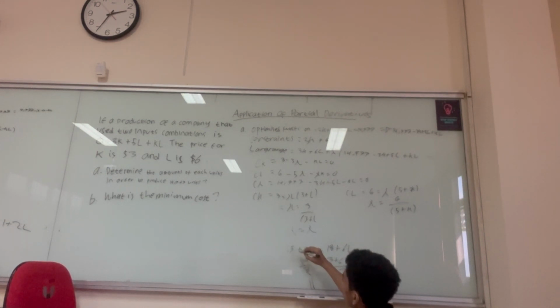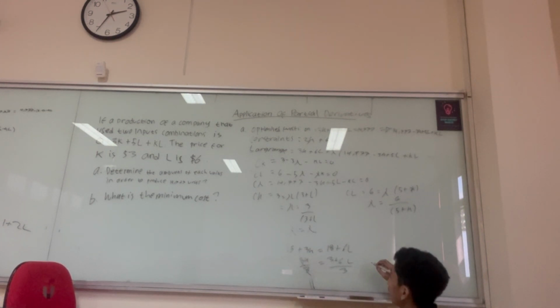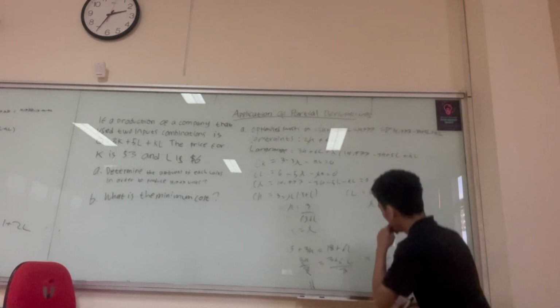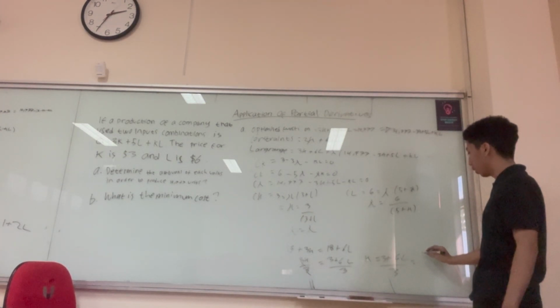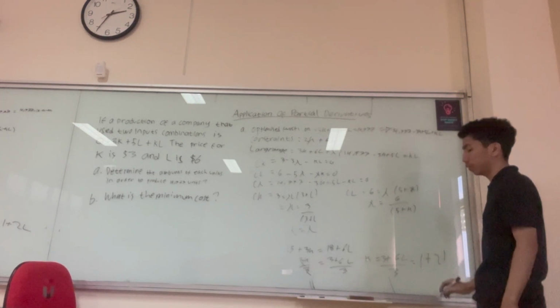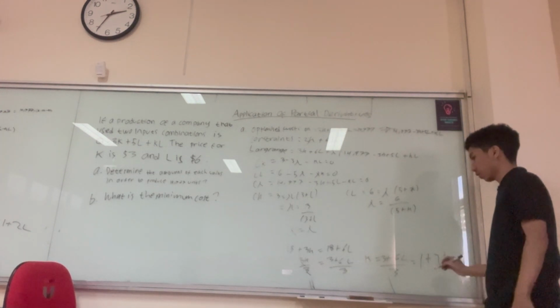So K is 3 plus 6L per 3. So this is K, or we can also simplify it to 1 plus 2L. Okay.